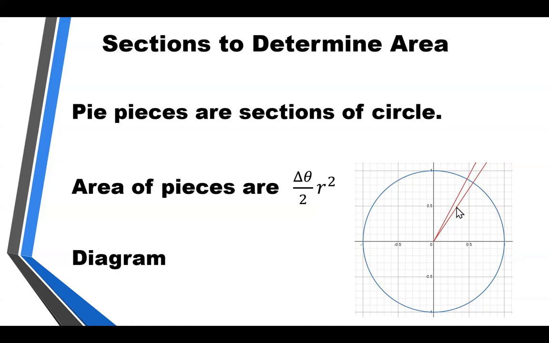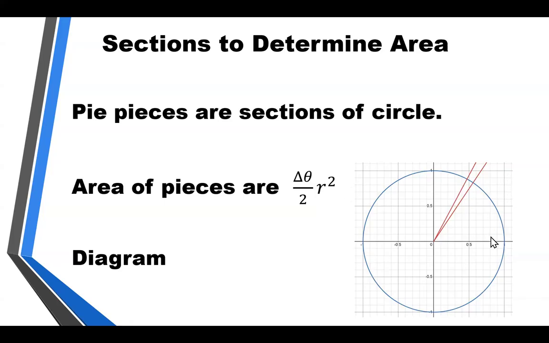Divide that by 2 because the area of the entire circle is not 2 pi times r squared, but rather pi times r squared. So we divide by 2 and then multiply times radius squared. So this is the diagram you end up with. But again, the area of a pie piece is just the change in angle theta divided by 2 times r squared.